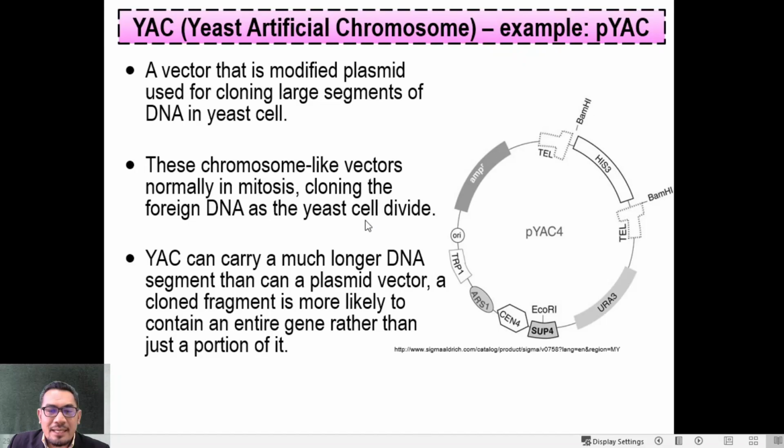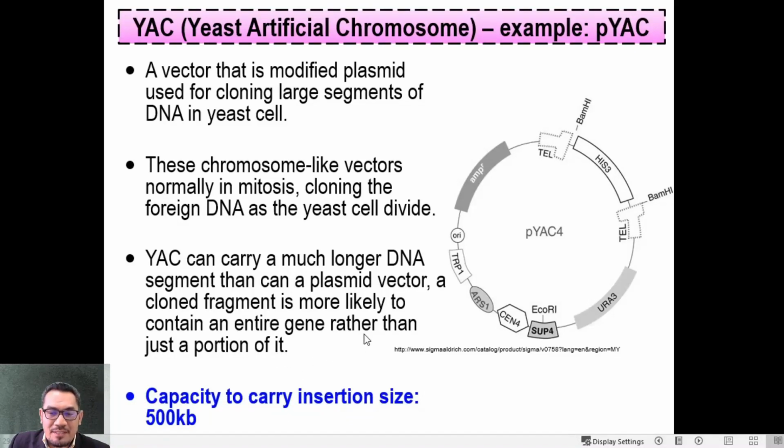YAC can carry a much longer DNA segment than a plasmid vector. A cloned fragment is more likely to contain an entire gene rather than just a portion of it. The capacity to carry insertion size is 500 kilobases.